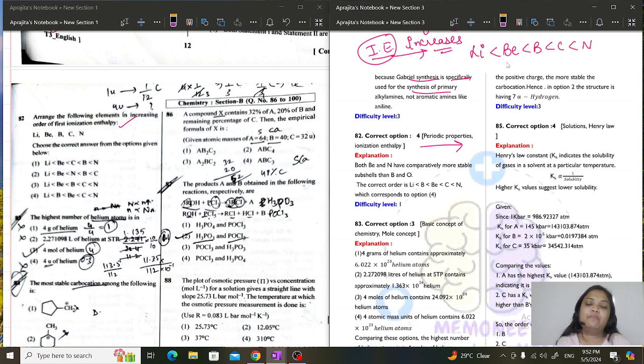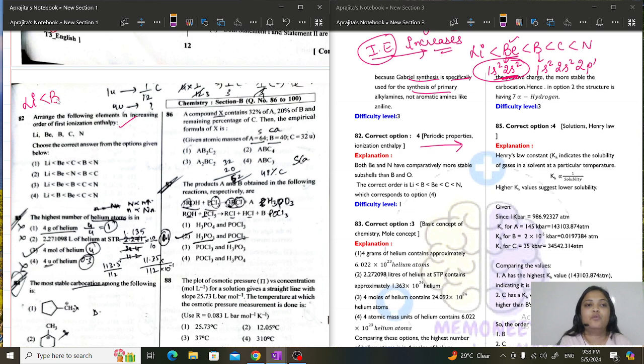But what happens in the case of beryllium? Beryllium is 1s2 2s2, and boron is 1s2 2s2 2p1. Beryllium has a fully filled electronic configuration, so it is difficult to remove an electron from its outermost shell. So the order becomes lithium, then boron, then beryllium, then carbon and then nitrogen.